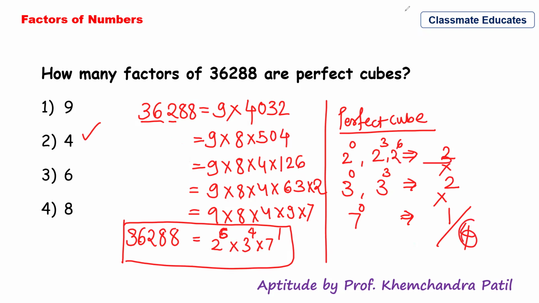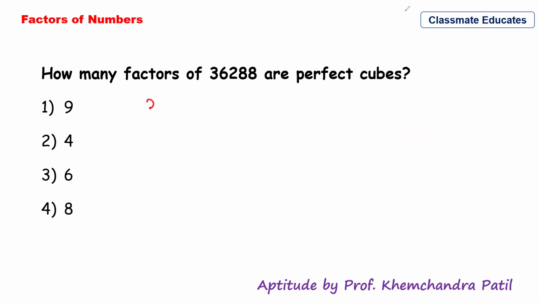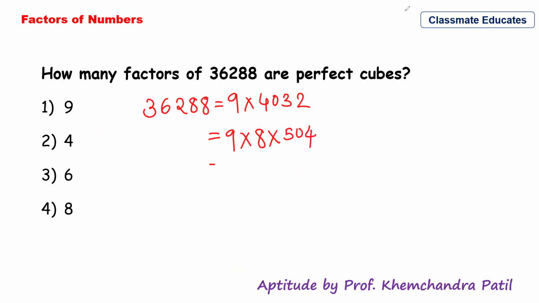Okay, I'm repeating this question one more time, my dear friends. 36,288. If we factorize this, this will be 9 into 4,032. Then it will be 9 into, if you divide this by 8, then this is 504. Now you are dividing this by 4 again. So this will be 126.